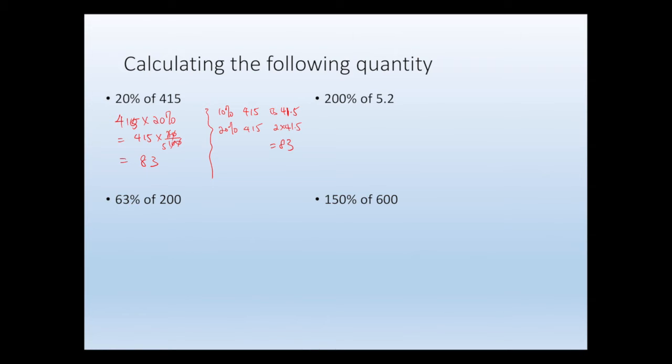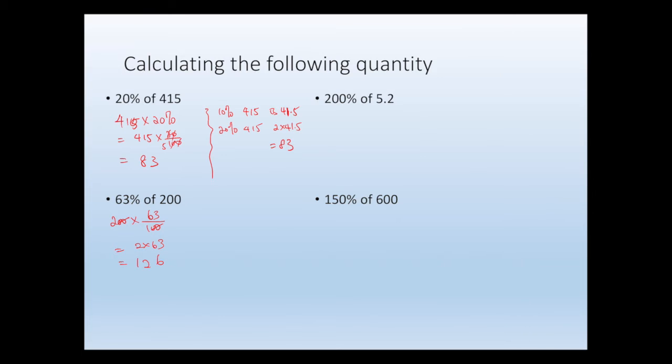Pause the video for a while, try 63% of 200 please, and check your answer against mine. At this stage, you don't need to use your calculator yet. Alright, so you can work out 200 times 63 over 100.